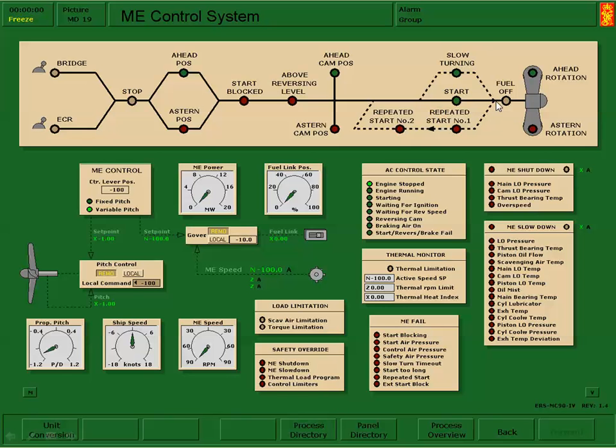If the engine doesn't start after 6 seconds, the automation will stop this and try to start again, and you'll get a repeat start. If it doesn't start the second time, it will do repeat start number 2, which is your third attempt. If that fails, the automation will send an alarm to the bridge and to the engine room that there's been a main engine start failure.